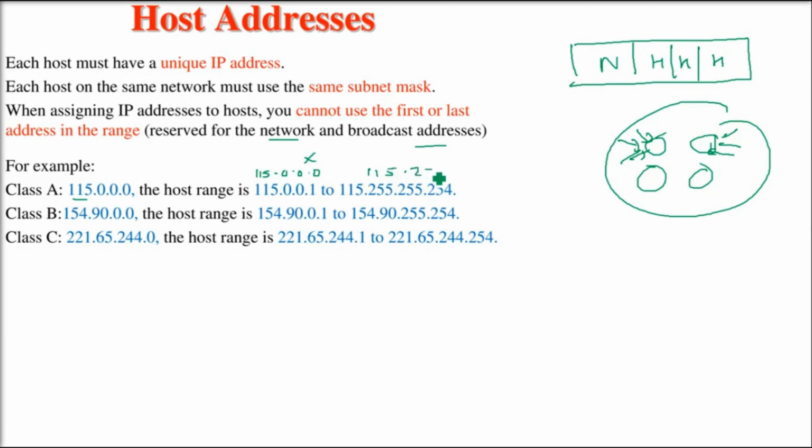The last one, 115.255.255.255, I cannot use because it is a broadcast address. So we have a range only. After this comes 115.0.0.1, and just before that comes 115.255.255.254. Same as with class B: here we have 0.1 and 255.254, one below the 255.